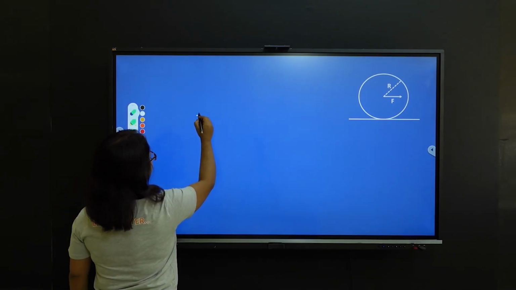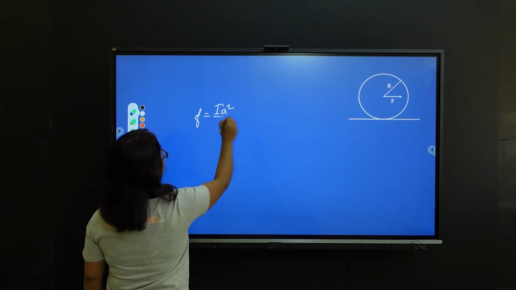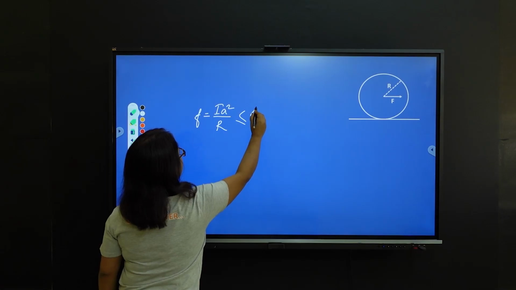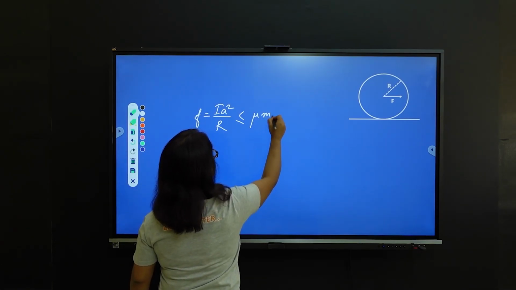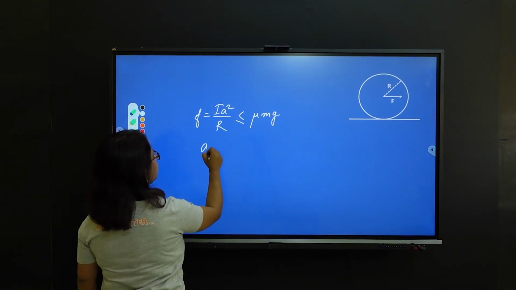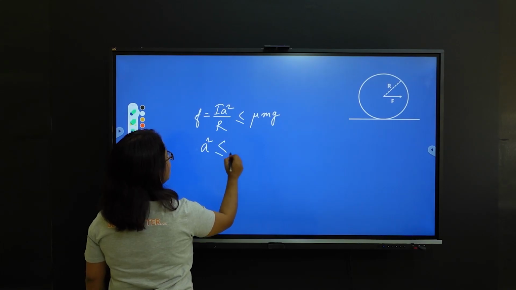What we had is F, which is equal to I a square by r, less than or equal to mu mg.